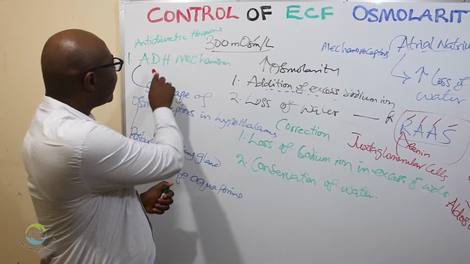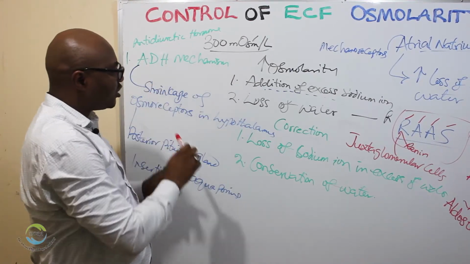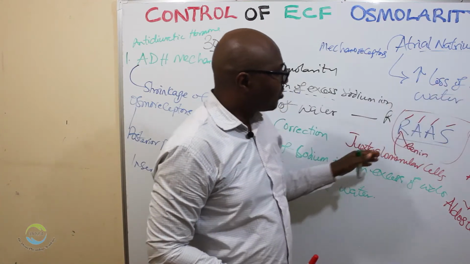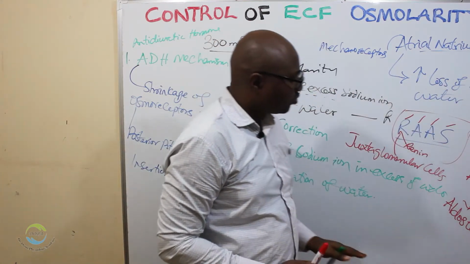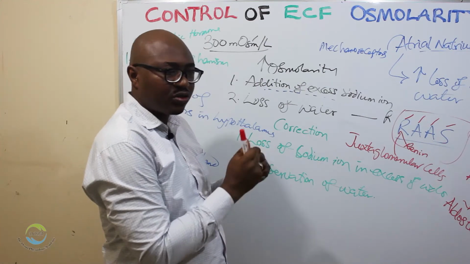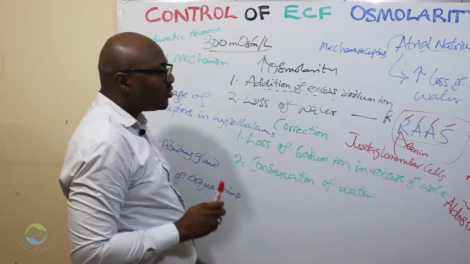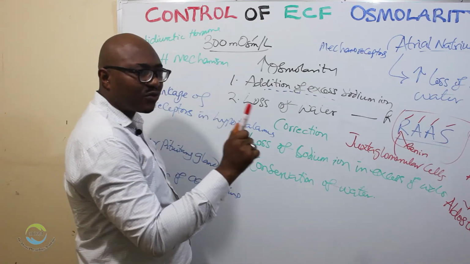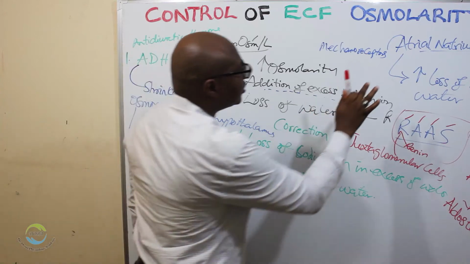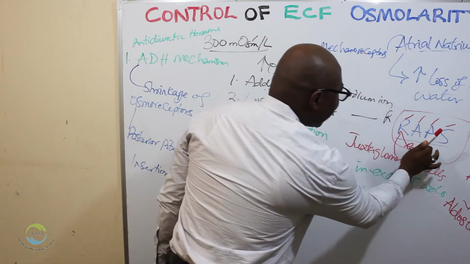Remember, we mentioned 3: ADH mechanism, which does only water. Then this one, both sodium and water. This one also, both sodium and water. So you see that there's still not perfect balance. So there is the 4th mechanism. We've mentioned 3: ADH, Atrial Natriuretic Peptide, and Renin-Angiotensin.